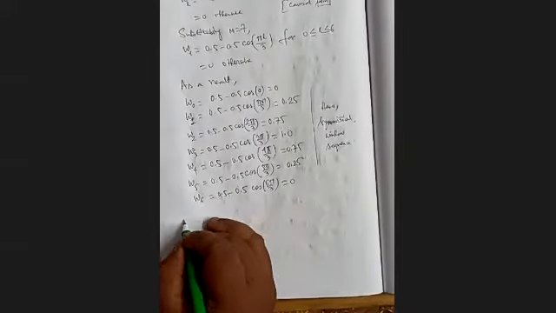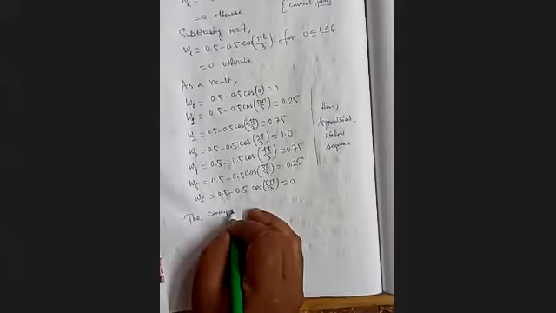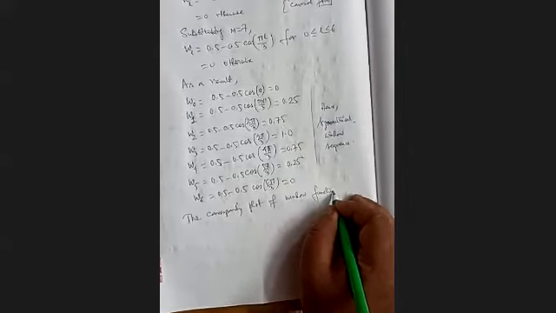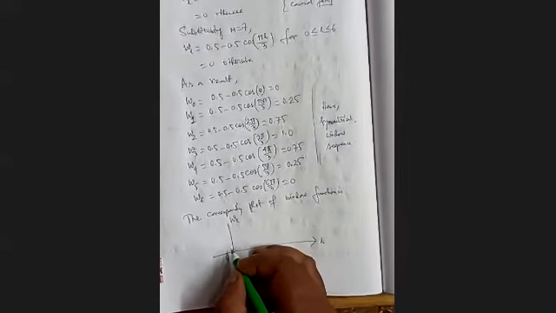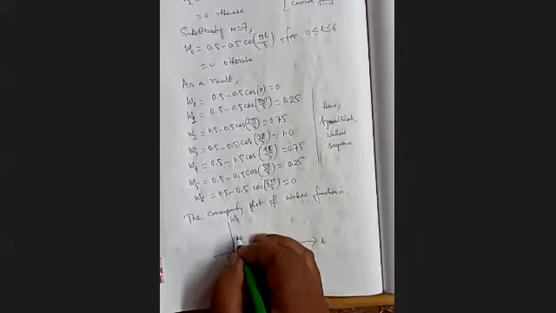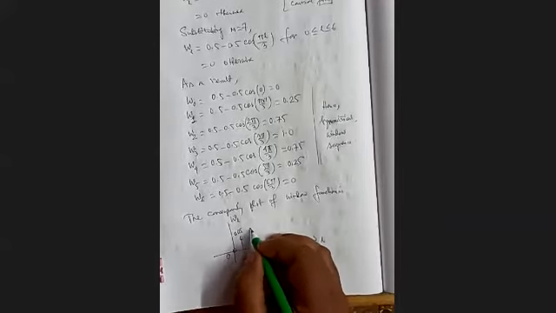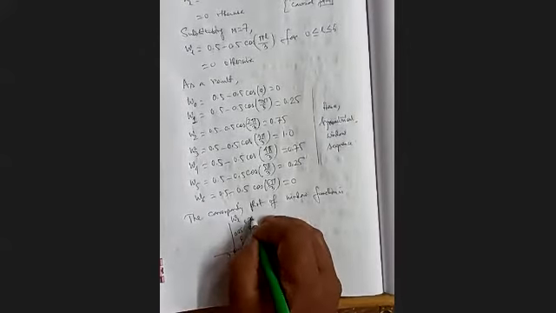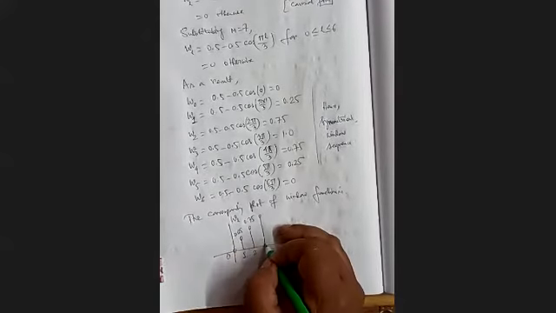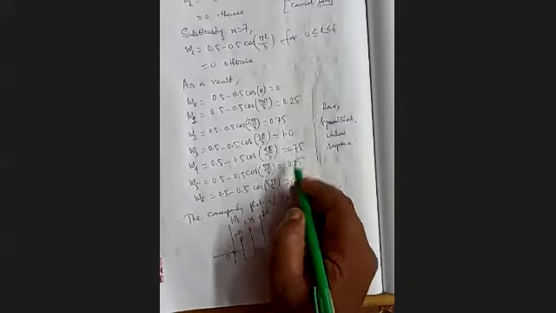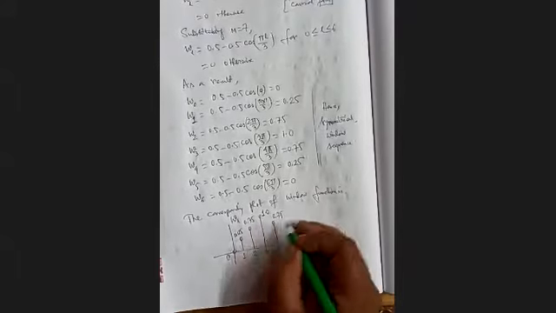So if we plot the window function, the corresponding plot of window function is WL versus N. So it's 0, then 0.25, 0.75, then 1, then again 0.75, again 0.25, then 0.